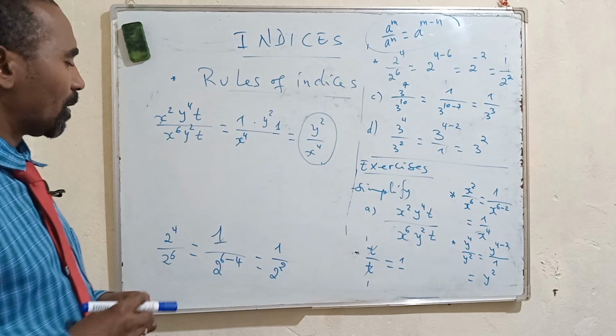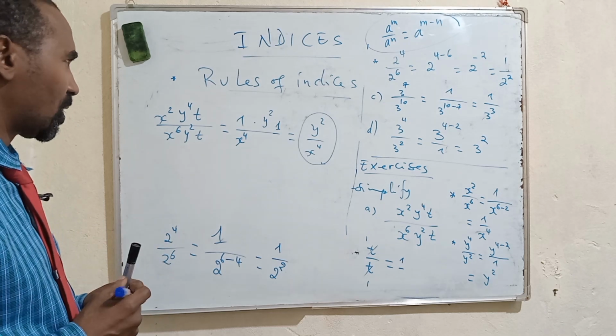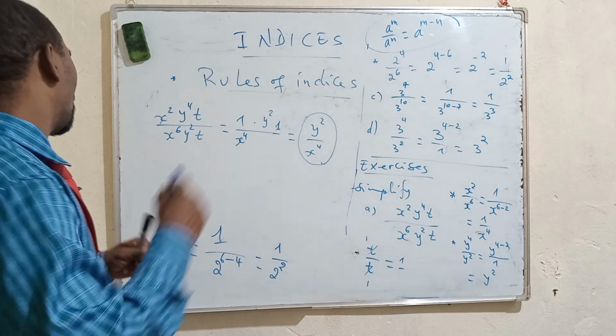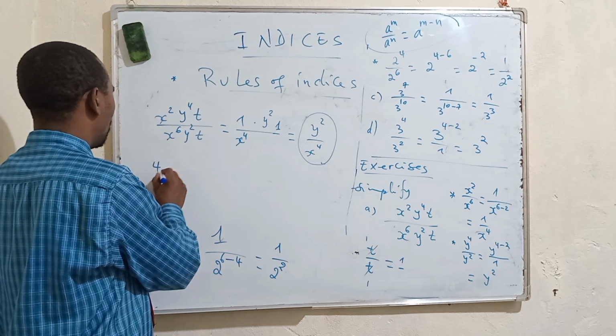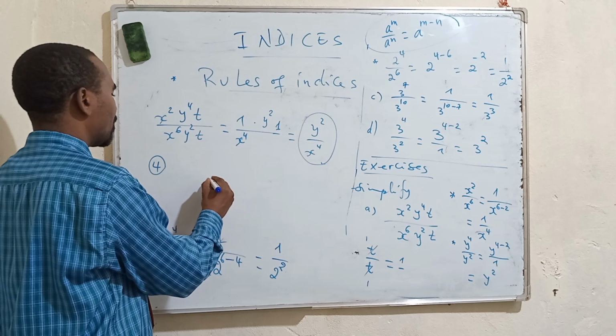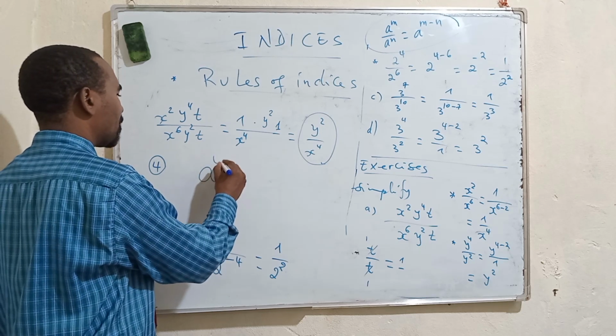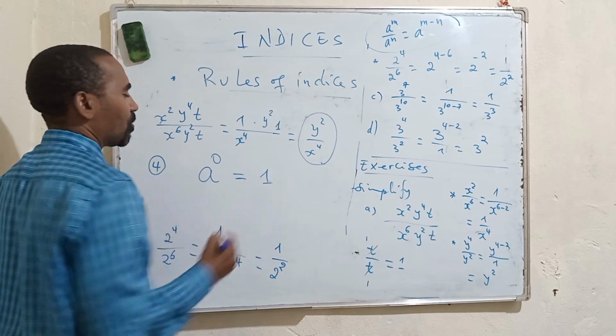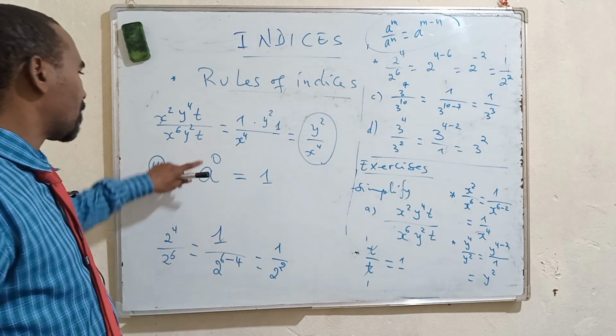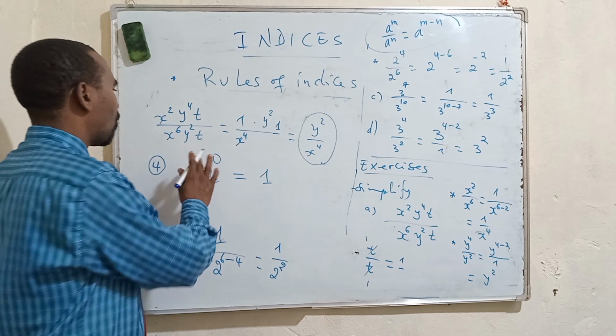The last property of today I want to share with you is property number 4: a power 0 is always equal to 1. Any number you have to power 0, it will be 1.